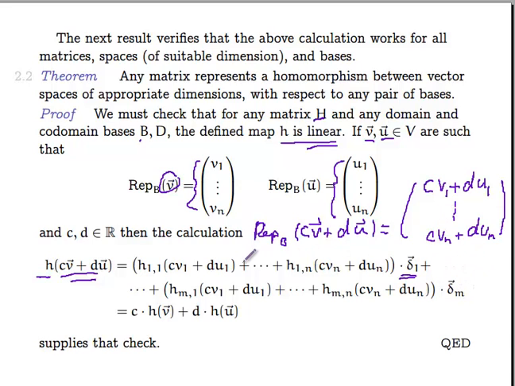So this really expresses the matrix H multiplied by this column vector, and each component of the result is multiplied by the corresponding basis vector in the D basis. And that gives us the proof.